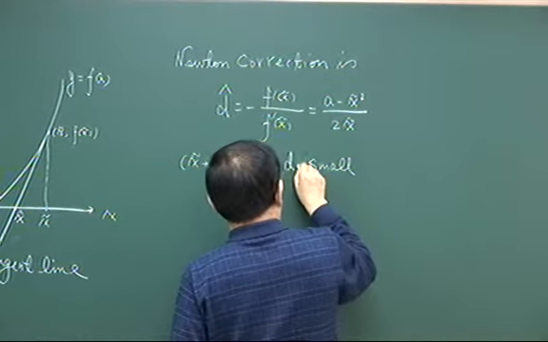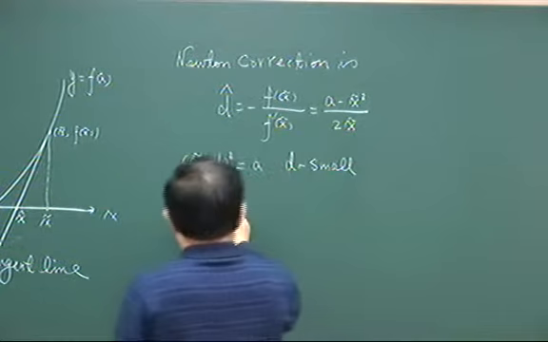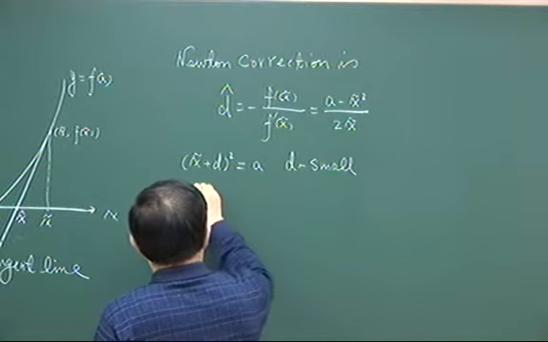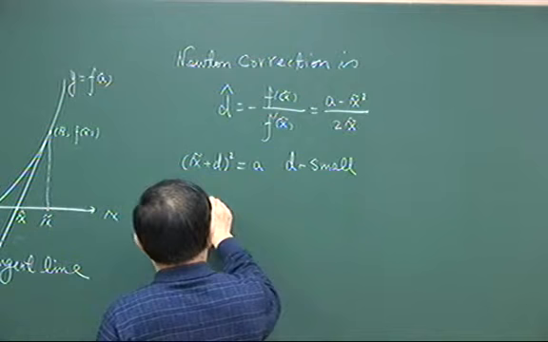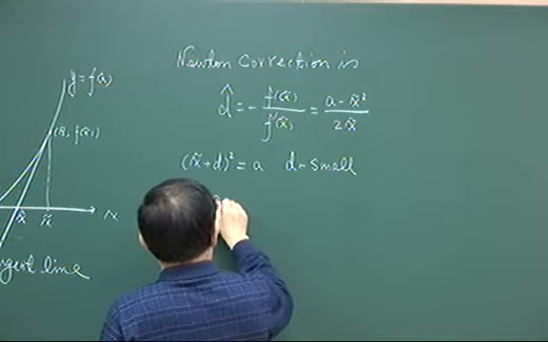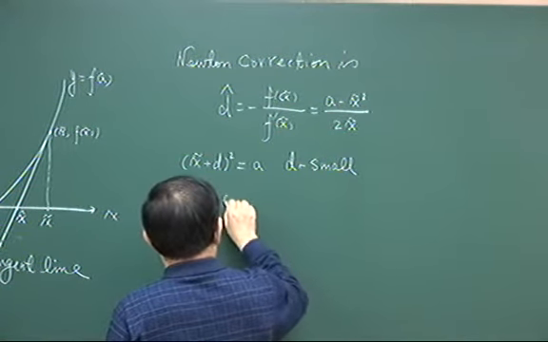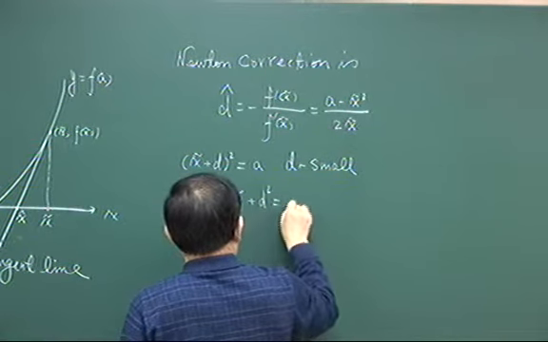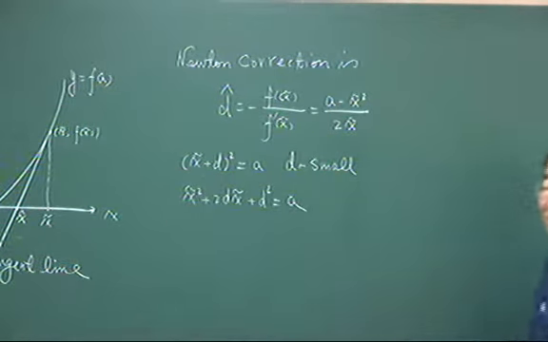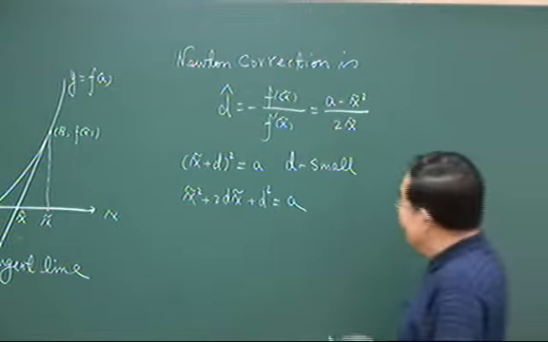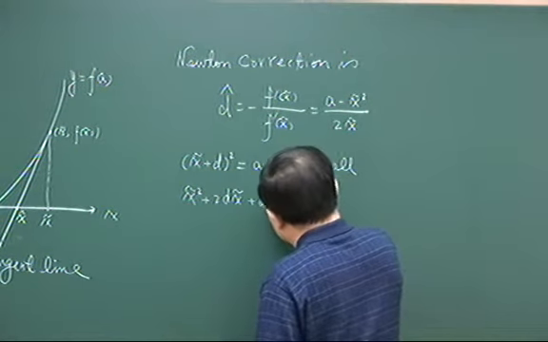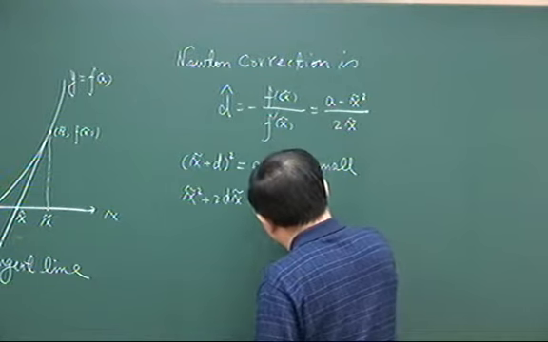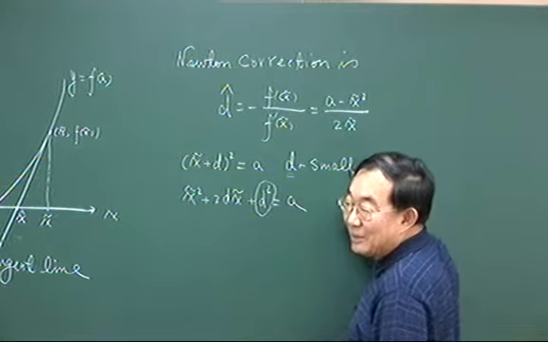If d is small, d squared is much smaller.